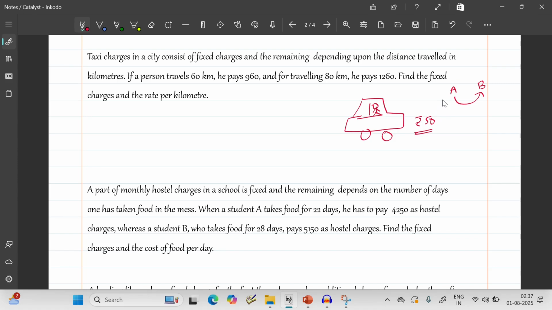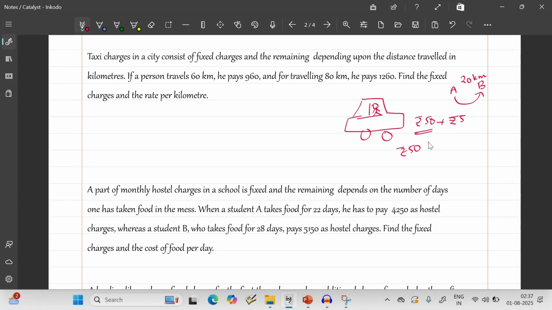Then for every kilometer that you are traveling, I am going to charge you 5 rupees per kilometer. So suppose from A to B, the total distance is 20 kilometers. Then what will be the total amount we have to pay to the taxi driver? 50 rupees. Obviously, this is the fixed charge we have to pay, irrespective of the distance.